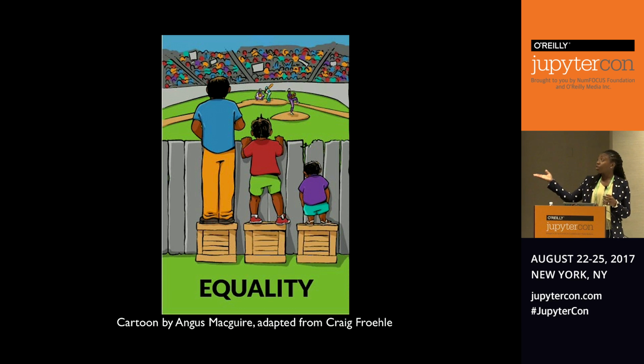These three individuals are at different points in their life. We have an individual who's extremely tall, medium height, and then short. I hate to use those words. I don't think they're politically correct, but you know what I mean, right? Giving them the same exact thing so that they can see over the fence to view the game. But what do you see? They all get the same thing, but they can't still see, correct?